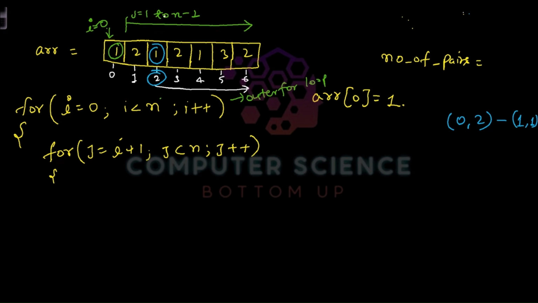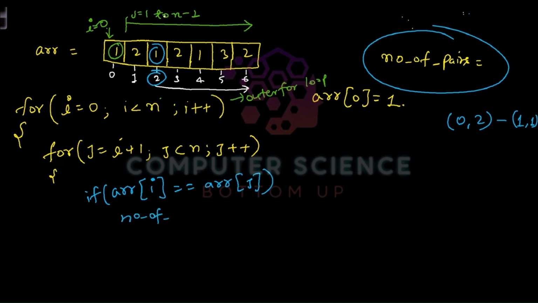The moment I get a match, I will break from the loop. So what I'm going to do is check if arr[i] is going to match with arr[j]. The moment I get a match, I will increase my number of pairs by 1.